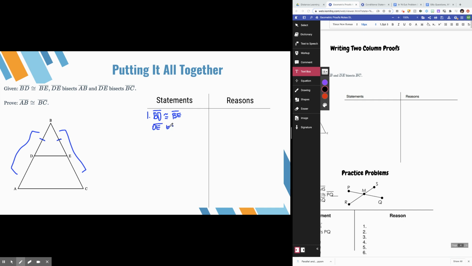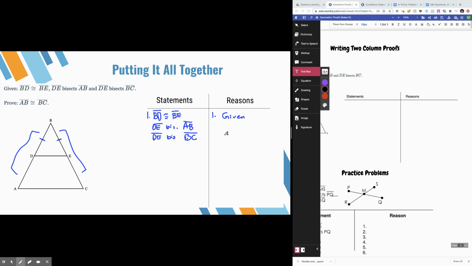DE bisects, and I'm going to abbreviate, you shouldn't, but I'm going to abbreviate just so that I can write this a little bit faster, DE bisects AB, and DE bisects BC. Okay, so I wrote it on a couple of lines, but it's still all one reason, which is given.